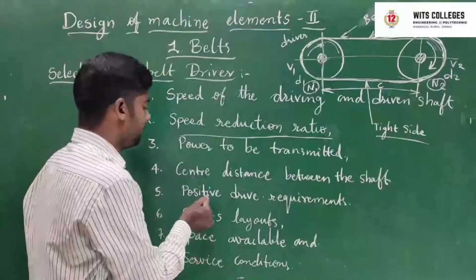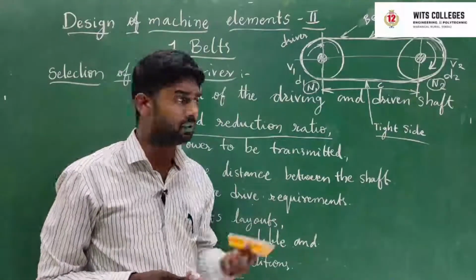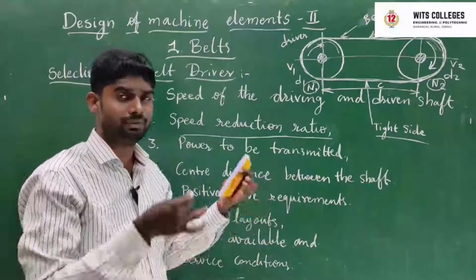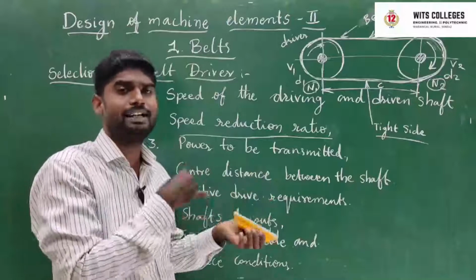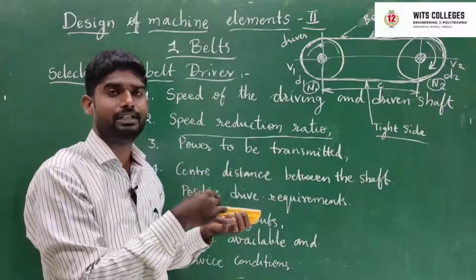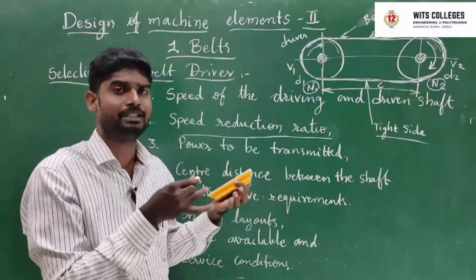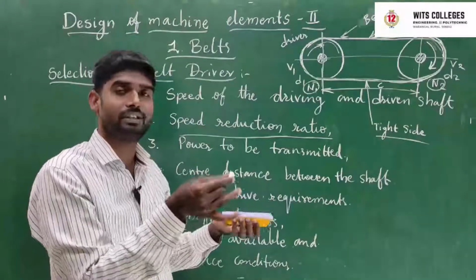Next, positive drive requirements. What are the positive drive requirements? Like the diameter of the driver pulley and the width of the pulley, depending upon belt sizes, are positive drive requirements. Next, shaft layouts.